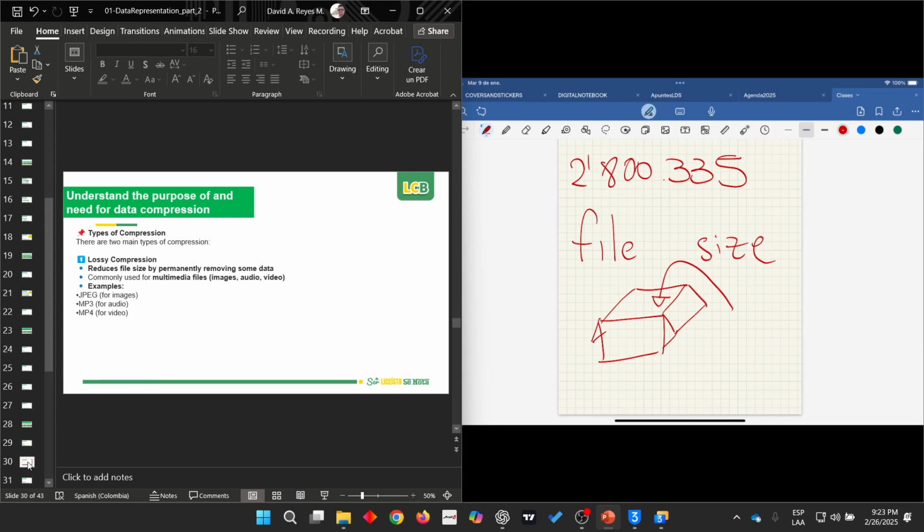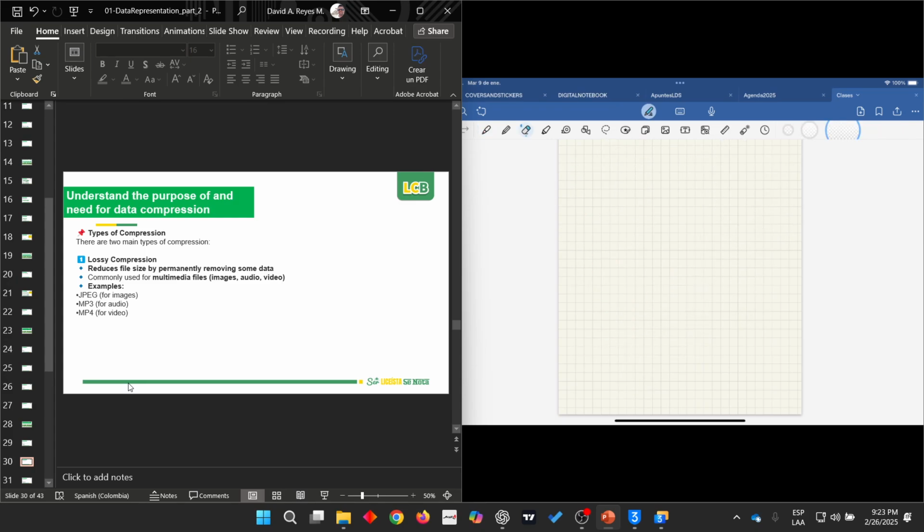Okay, now we have two kinds of compression. We have lossy compression and lossless compression. What is the difference? Lossy uses an algorithm, and the only thing it does is take out some parts of your files.